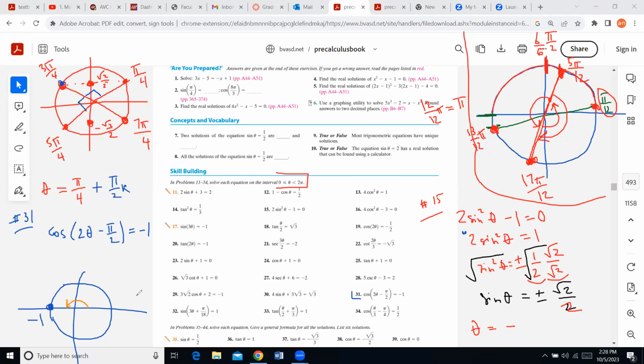Well, this is 180 degrees. In other words, it's pi. And that's great to observe. So my parentheses, 2 theta minus pi over 2, because I got rid of cosine, will correspond to pi.